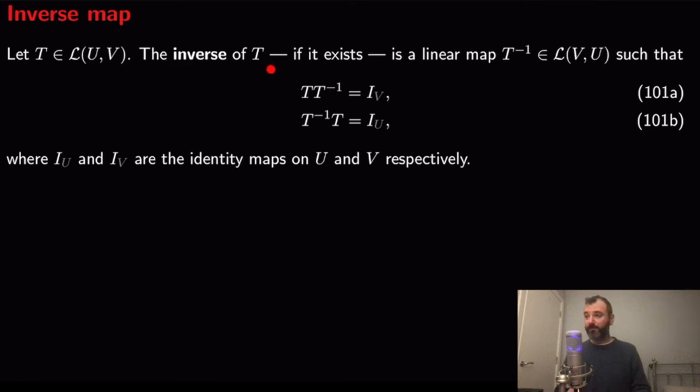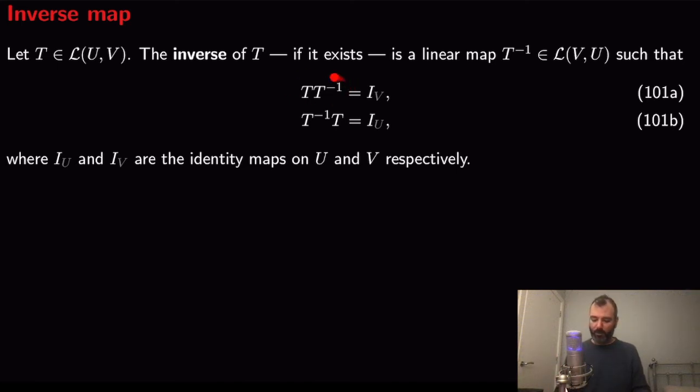Now the inverse of T, if it exists, is another linear map, T minus 1, that takes me back from V to U. So T is from U to V, the inverse map takes me in the other direction, from V to U. And it has these properties.